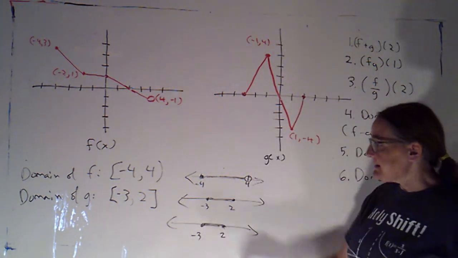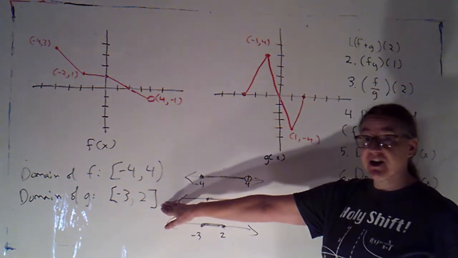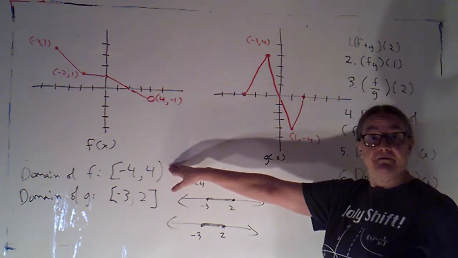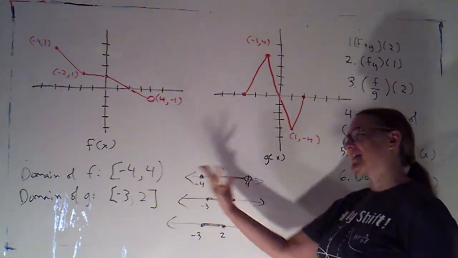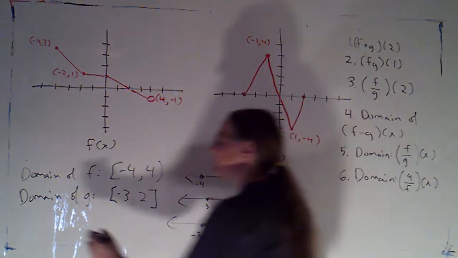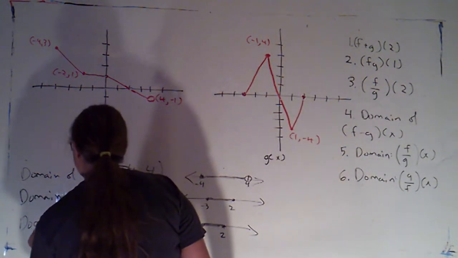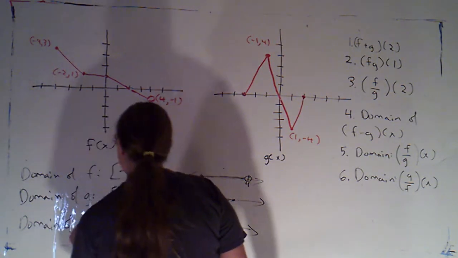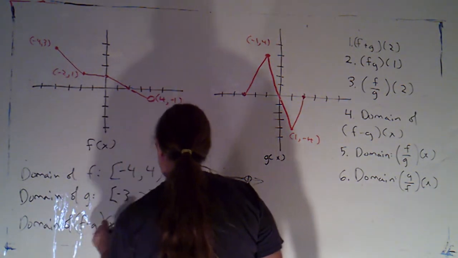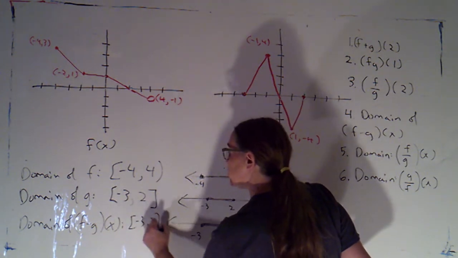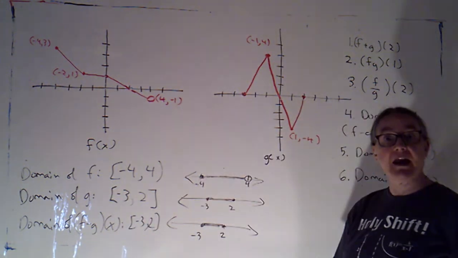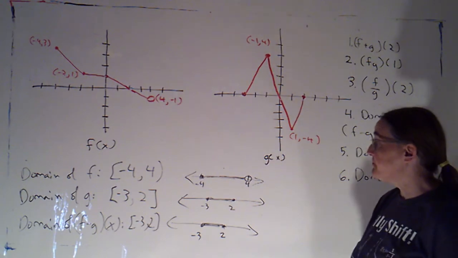So in this case, everything that's in the domain of g is also in the domain of f. So I get for free that if I can evaluate it at g, I can also evaluate it at f. So my domain of f minus g of x would be this closed interval from -3 to 2. It coincides with the domain that we just got for g.